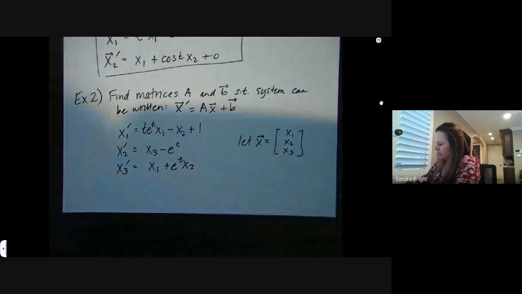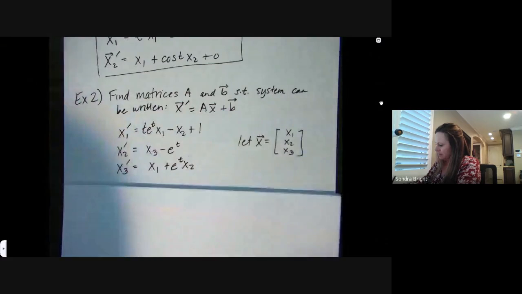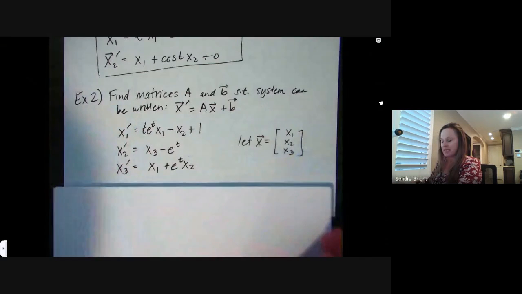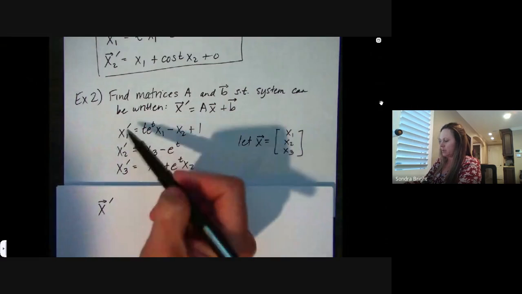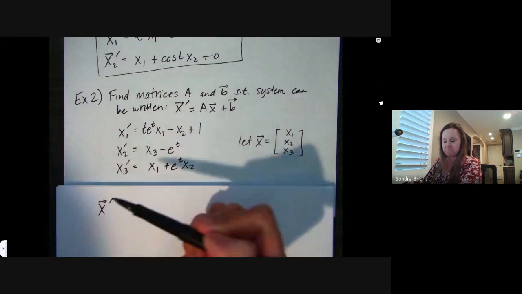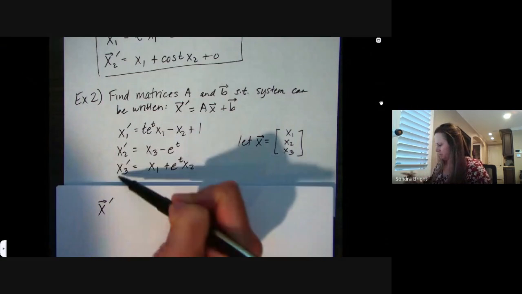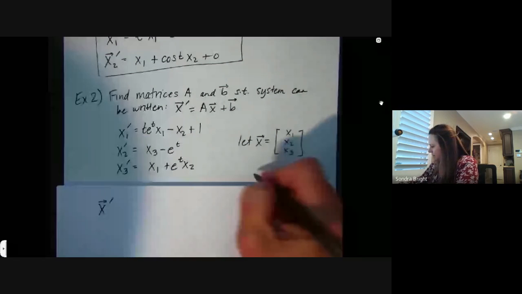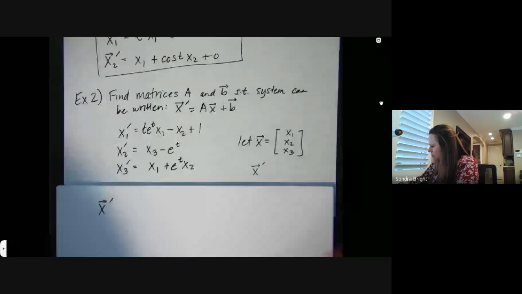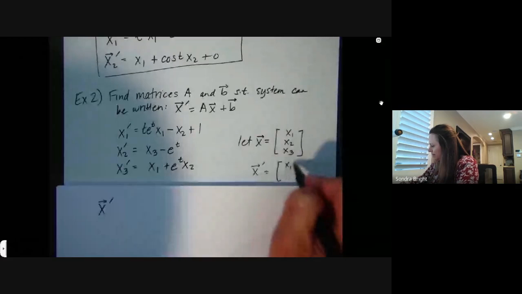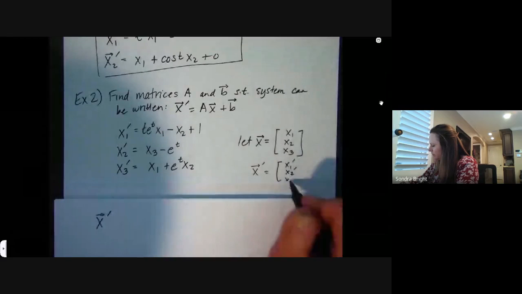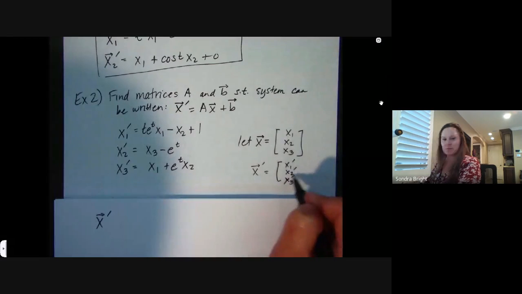It means I could write this guy, which is x1 prime, x2 prime, x3 prime, as that column. When I say x prime, I am saying x1 prime, x2 prime, x3 prime. That's what the left-hand side is representing.